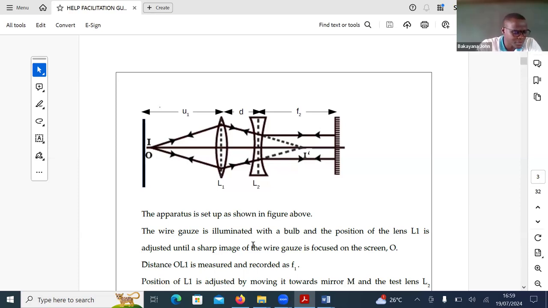So how do we get the focal length of the concave lens? How do we get the value of F2?